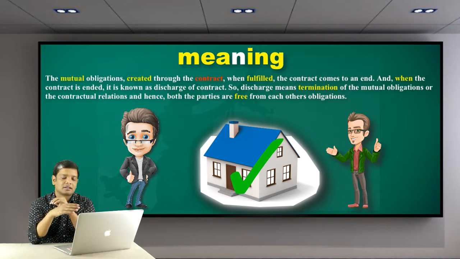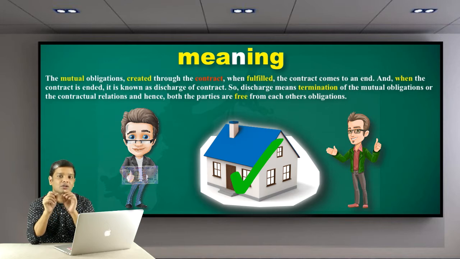Okay, so in this definition, the last sentence says that discharge means termination of the mutual obligations. Of course, in this example it was mutual obligations. You were supposed to pay your friend 100 rupees and your friend was supposed to paint your house.